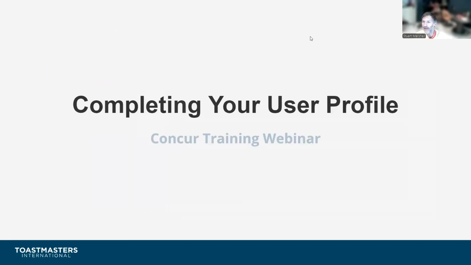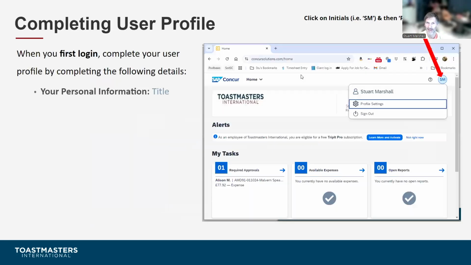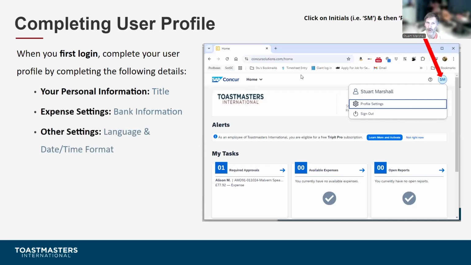So, having navigated that process, you are in Concur for the first time. And the next part is completing your user profile and just checking the details within your profile. There's 3 main elements. You just need to go in, check your personal information and add your title.